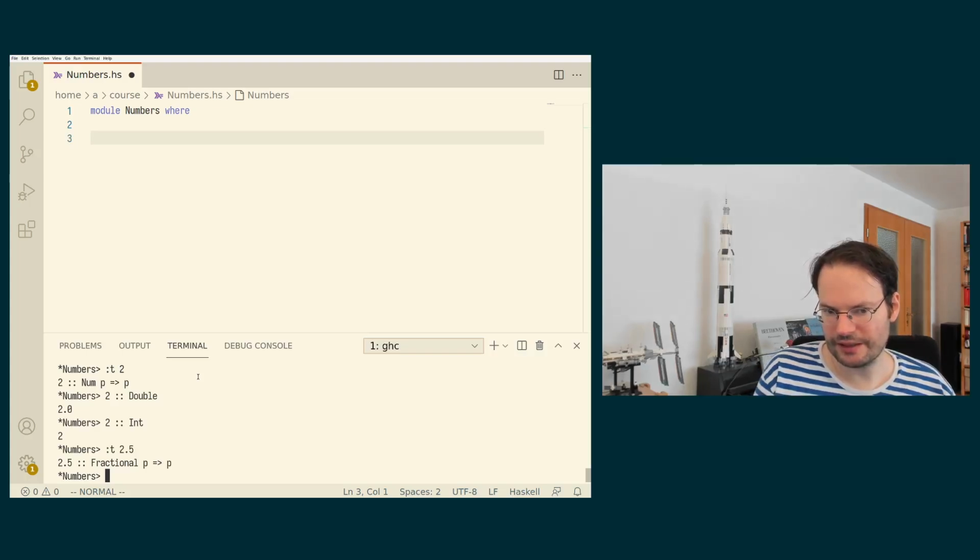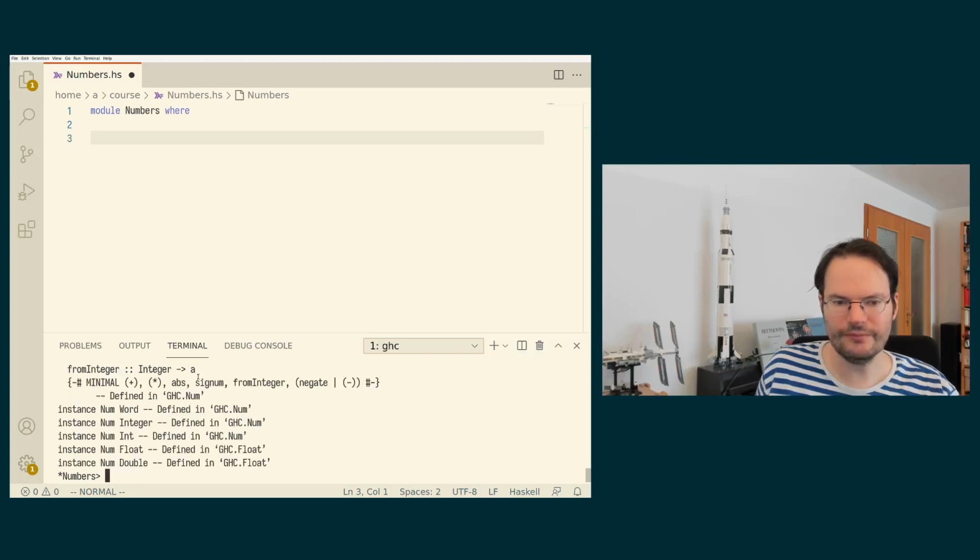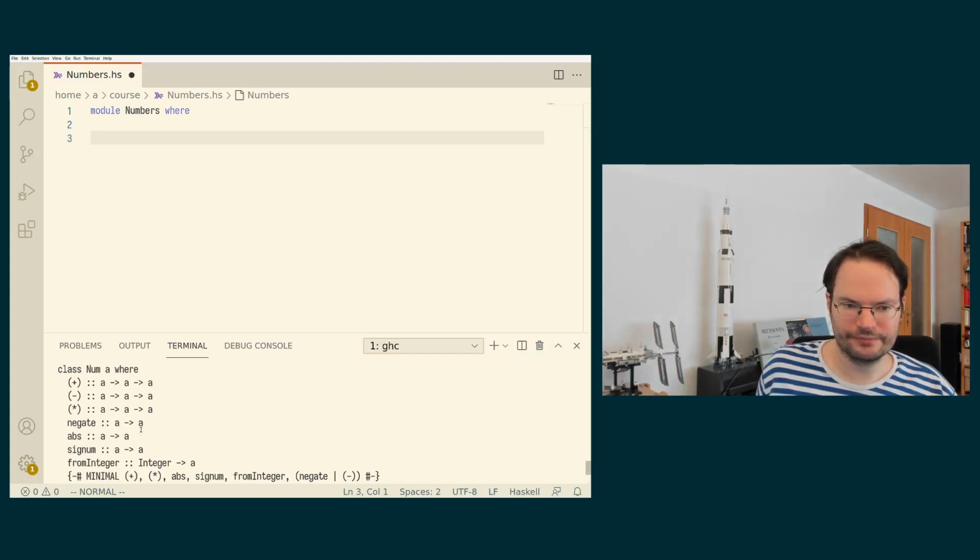So I guess the most important class in the context of numbers is the Num class. And we see that the Num class has methods plus, minus, times, so addition, subtraction, multiplication. Then it has negate, and I think I have once briefly mentioned that negate is another name for the unary minus.